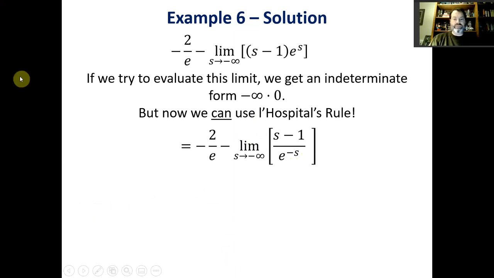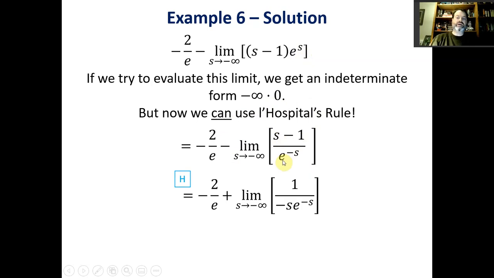What you do is you rewrite e to the s as 1 over e to the minus s. So I put it in the denominator and make it negative. Now I can use L'Hopital's rule on this. This becomes a 1. This becomes a negative s times e to the minus s. So there's my L'Hopital's rule symbol, little hospital symbol.